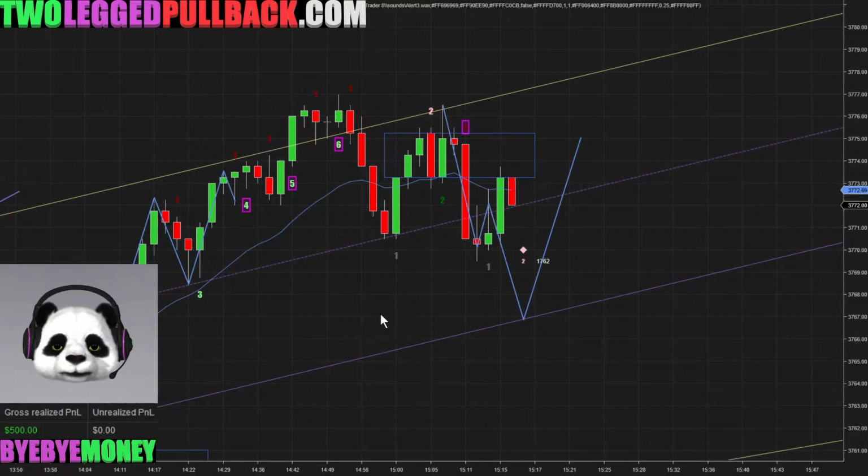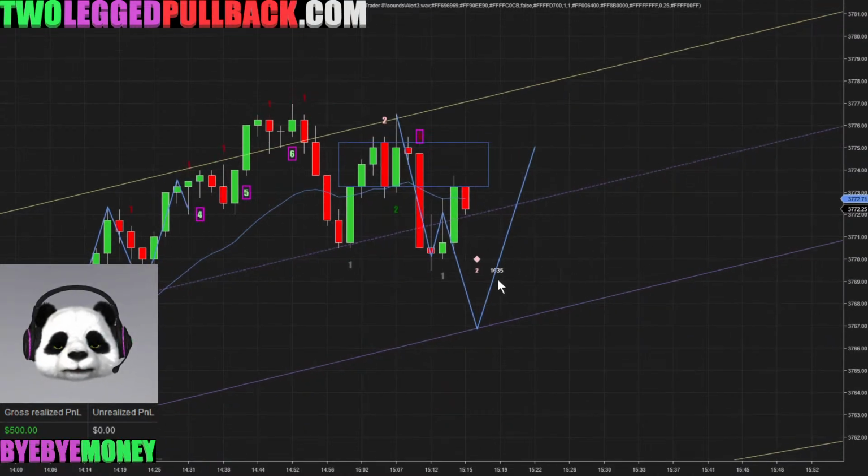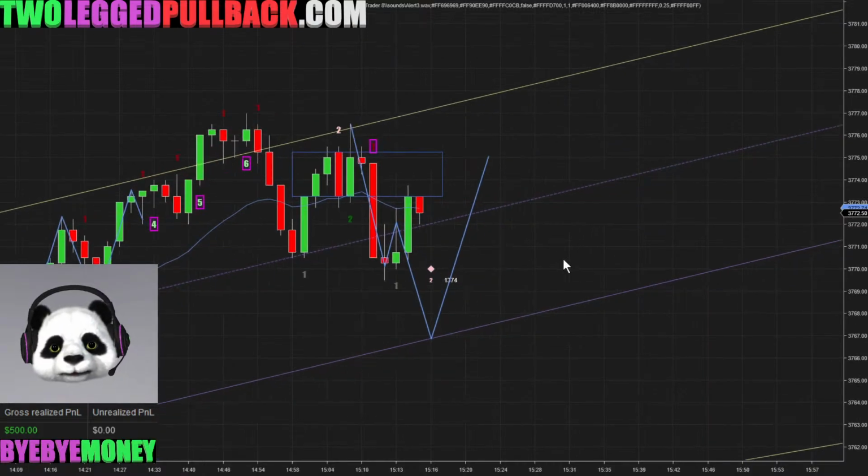Or typically when you're just looking at context, you can almost start counting from anywhere. But basically you just have to keep to the rule: higher highs reset the counts for the down legs, and lower lows reset the counts for the up legs, the bull legs. And with just that rule, you basically can count anywhere, anytime.